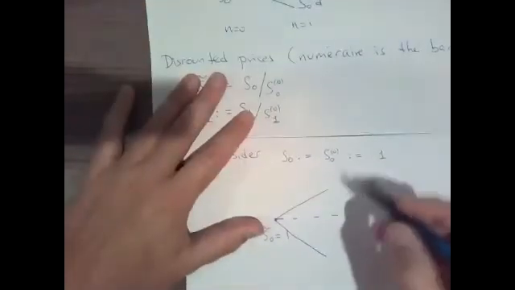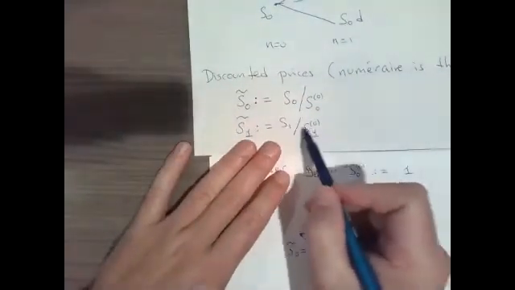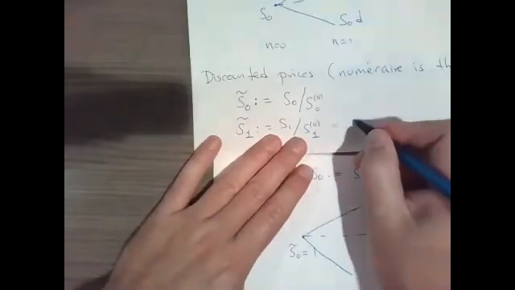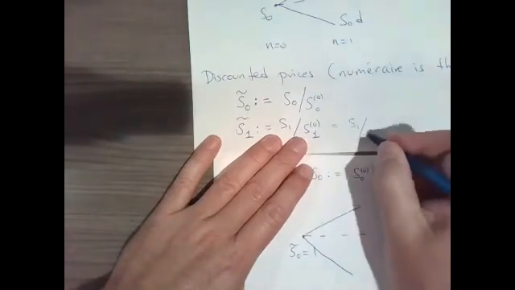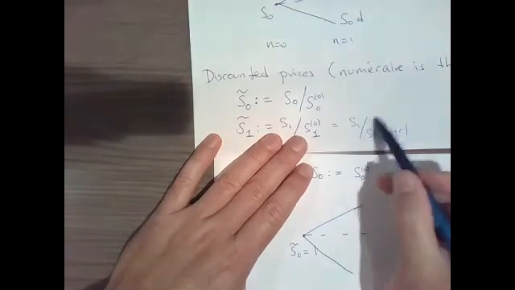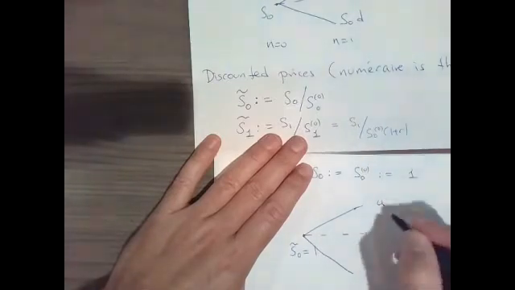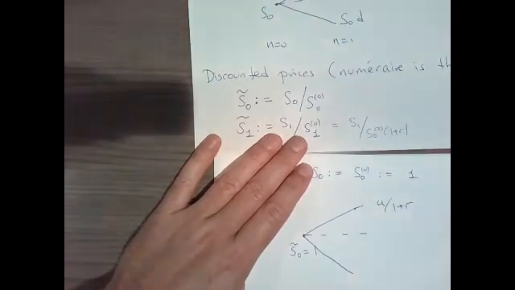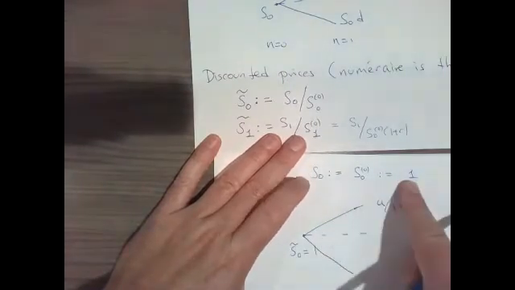And so what's going to happen is that upstairs I would be able to write out that this one here is S1, right? So this is divided by S0 times 1 plus R. So up here I would have U divided by 1 plus R. Again, I'm just simplifying here by taking S0 to be 1.